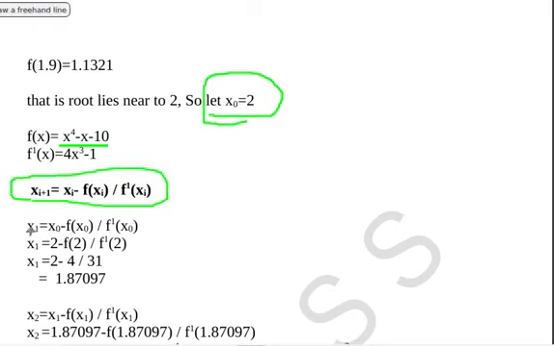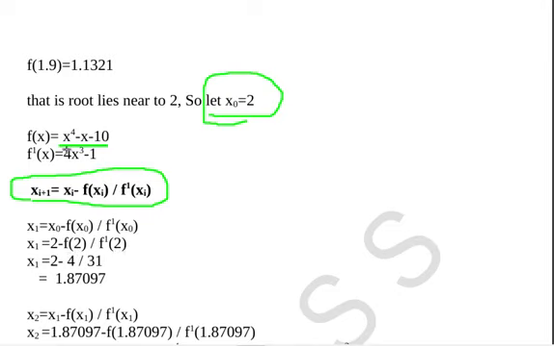For the next iteration, x of i plus 1 is xi, the previous x value, that is x0 minus f of x0 divided by f dash x0. Here the value of x0 is 2. So I can find 2 minus f of 2 divided by f dash of 2.